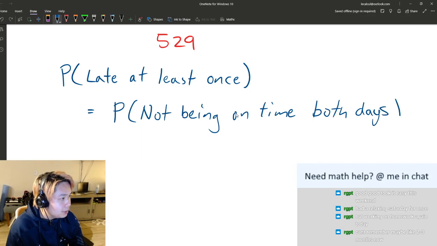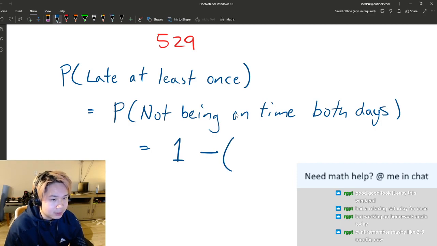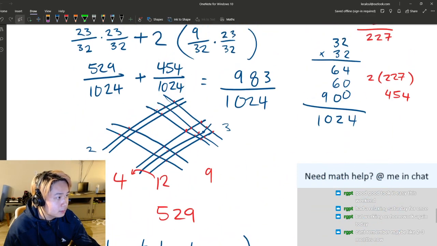This is probably easier to calculate because we just take 1, which is the total probability of everything, and then we take away the probability of him being on time both days. And him being on time both days is 9 out of, I think, 32. And then you have to square it, 1 for each day.